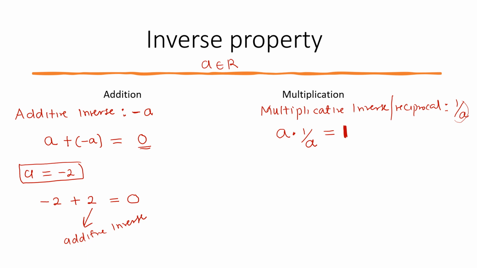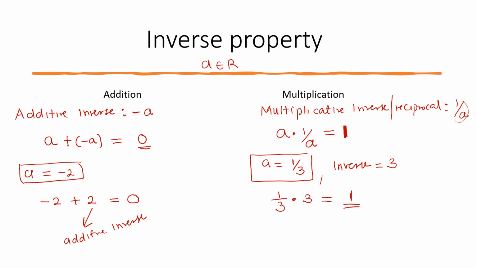But if you take, for example, 1 over 3, then the inverse is just the reciprocal, which is 3. Why? Because 1 over 3 times 3 is going to give us 1.